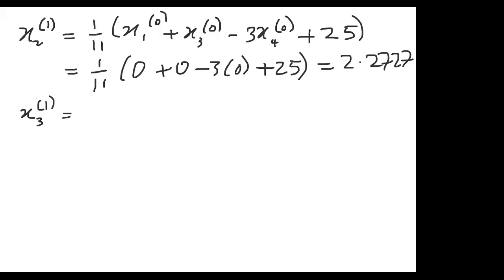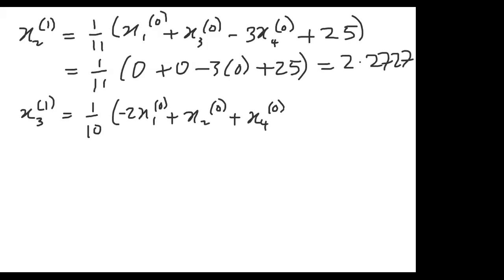So x3(1) will be given by 1 over 10 times negative 2 x1(0), then plus x2(0), then plus x4(0) minus 11, right? If I substitute those values of x1(0), x2(0), and x4(0), I should get negative 11 over 10, which will just be negative 1.1.